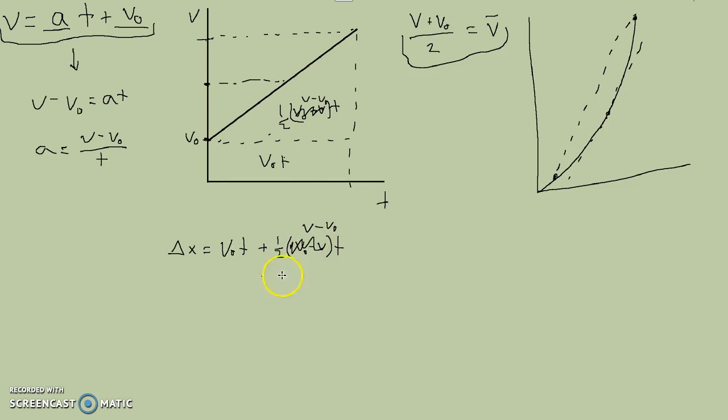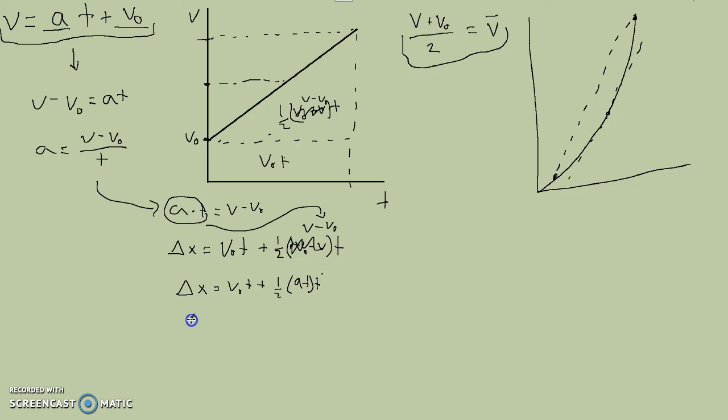Okay, and so as we're working with this equation, what's going to be helpful is if we can simplify this. And you might notice that we already have this written somewhere on the screen with this equation right here. So we can rewrite this equation so it looks like a times t equals v minus v naught. And then we can take this right here and replace v minus v naught with it. So we would then have delta x equals v naught t plus 1/2 at times t.